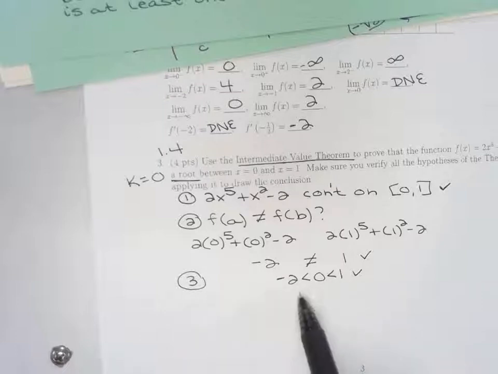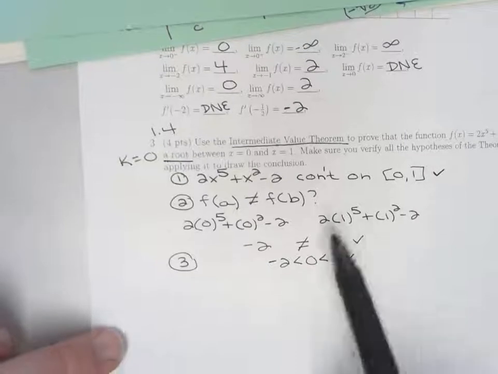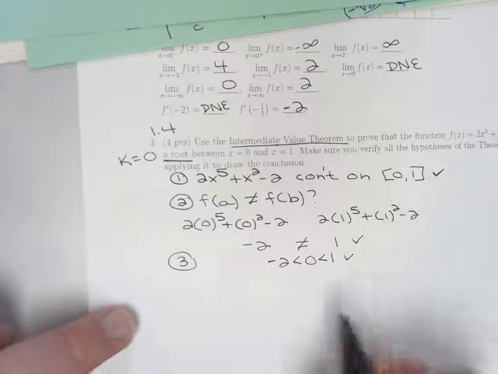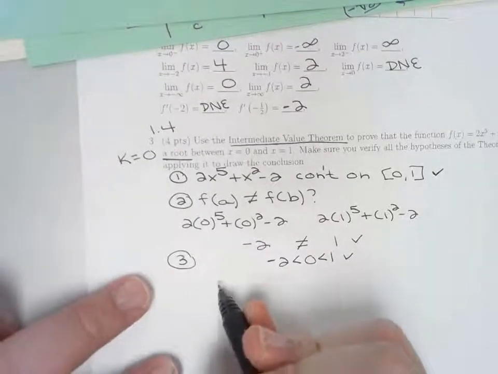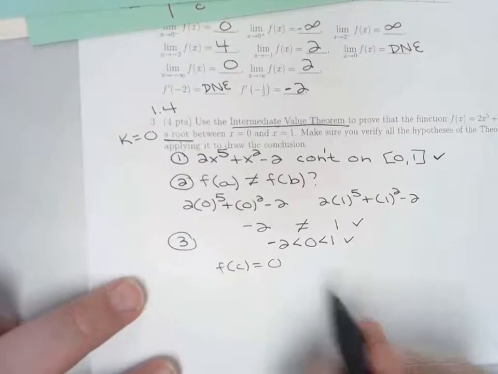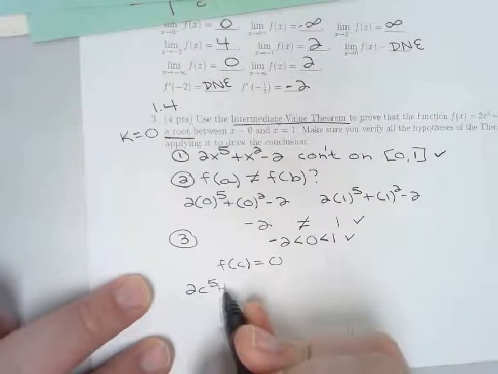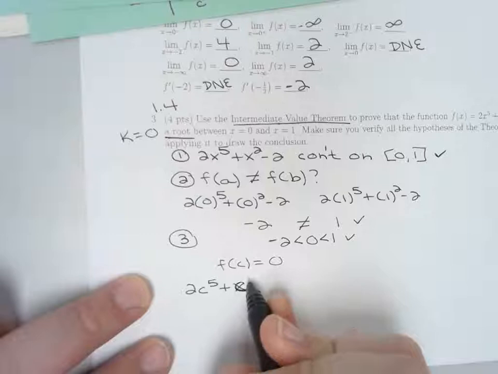So that was the third step to show. And then we need to show that if that is true, then there is a c in [a, b] such that f of c equals k. So f of c equals 0. F of c is just the function with c plugged in.